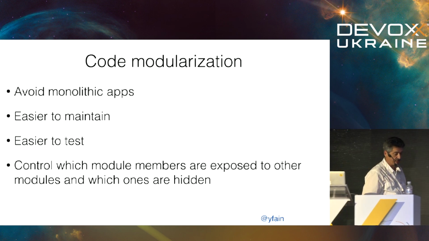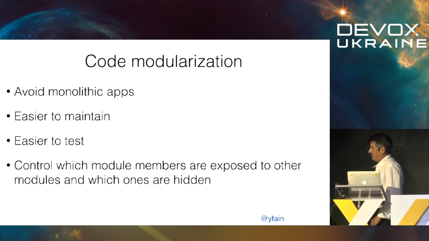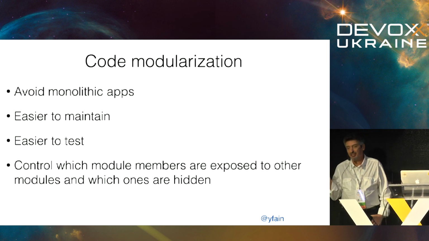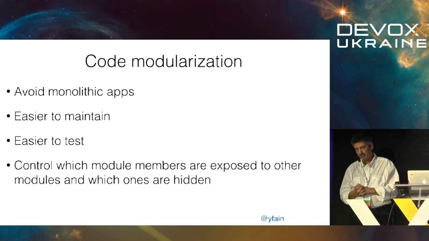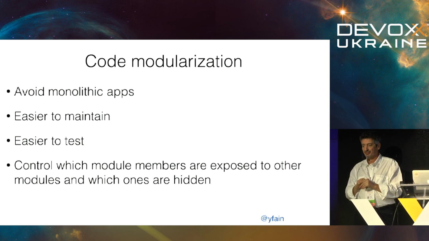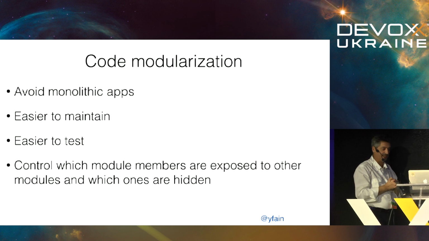Code modularization. In the JavaScript world, in the very beginning in 1995, programs were really small. The language was used to make nice little improvements here and there on the UI. I want to make some flashing menu, or I want to paint something in red, and so on. Easy.